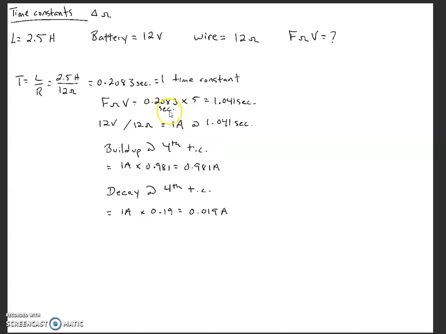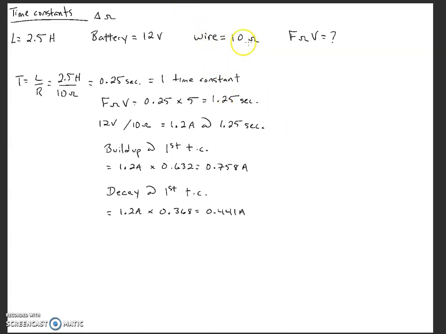So 0.2083 seconds times 5 gives us the full Ohm's law value. 12 volts over 12 ohms gives us 1 amp. The fourth time constant gives us 0.981. These numbers are pretty simple. And there we go.